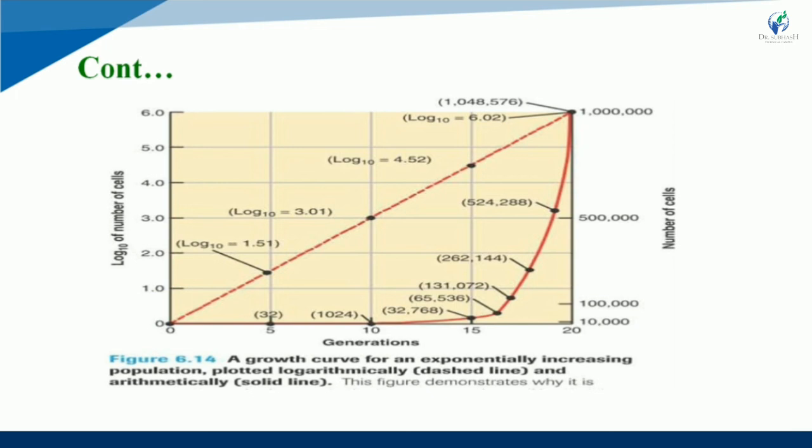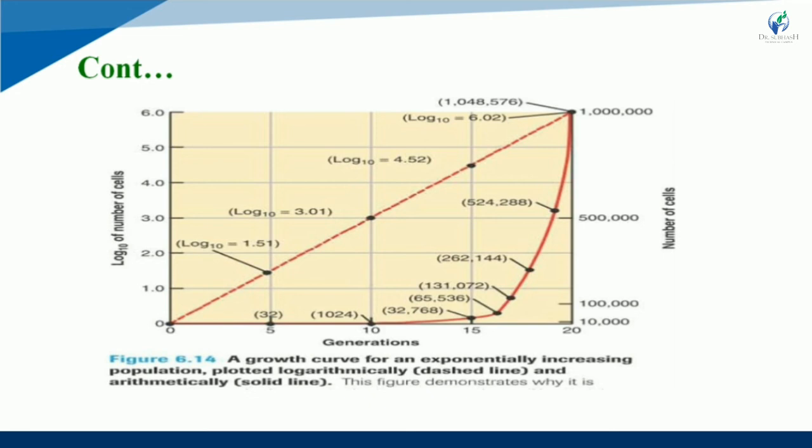If the generation time is 2 to the power of 5, the number of cells is 32 and the log 10 value is 1.51.